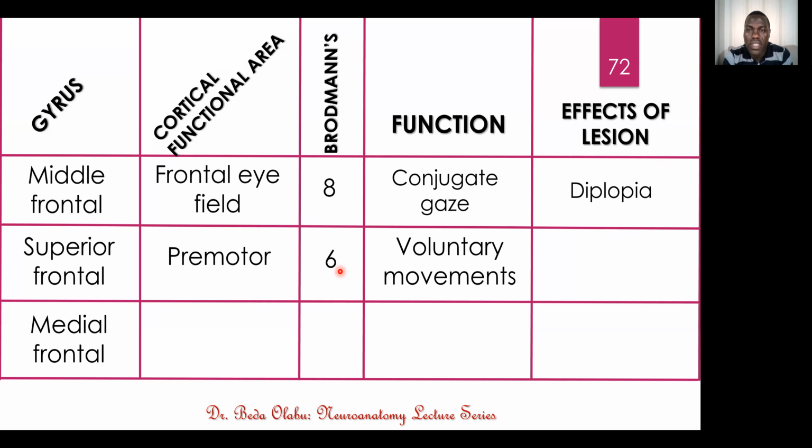The premotor cortex is sometimes called the secondary motor cortex. Therefore, if you injure the premotor cortex, you're also going to affect muscles of the opposite side of the body. There'll be paralysis. We call that contralateral hemiplegia, as we had called it before.